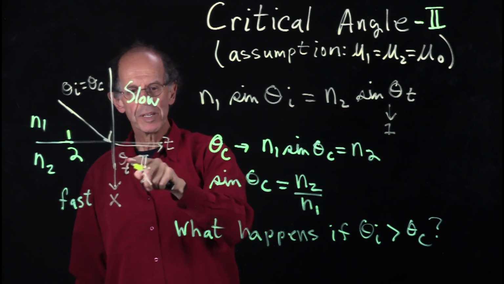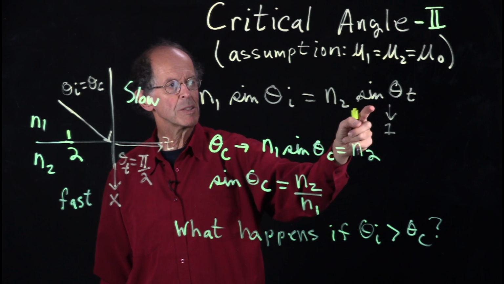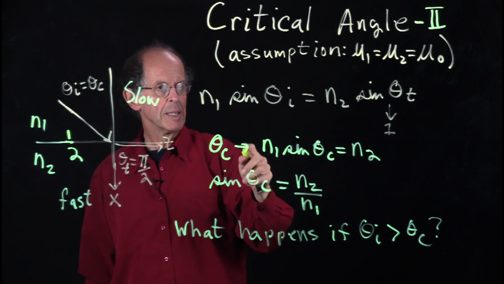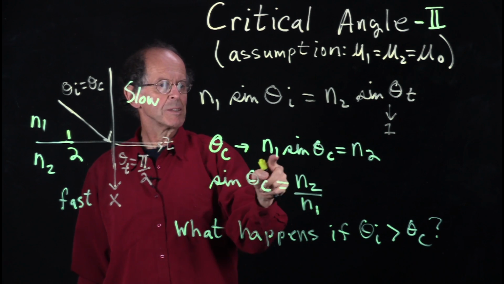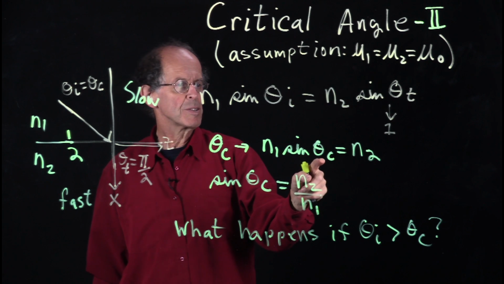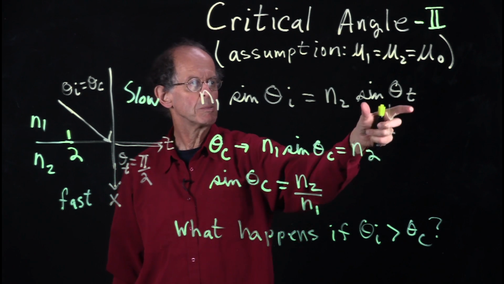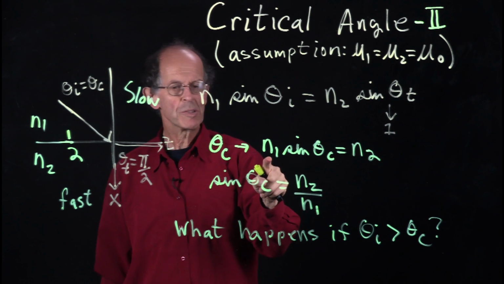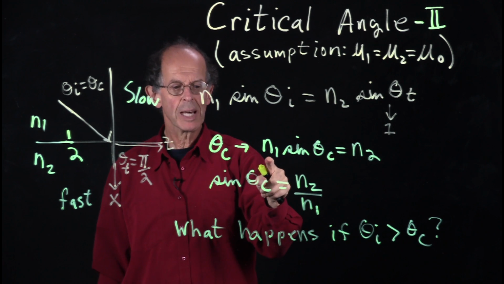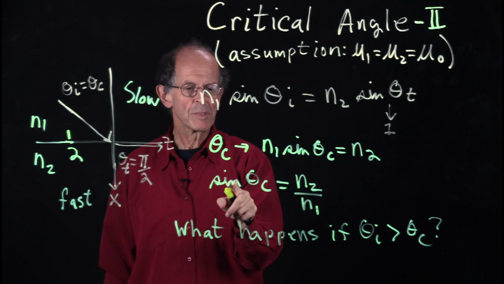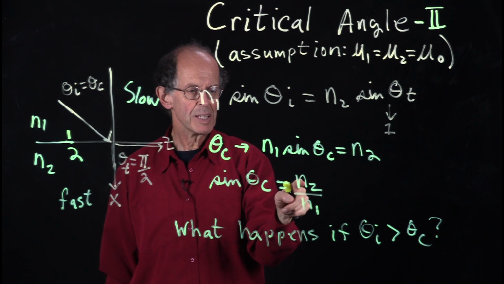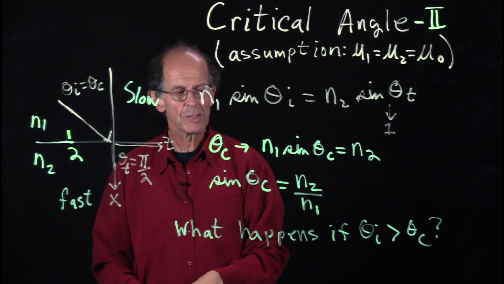So when theta t is 90 degrees, the sine is 1. What is the critical angle? Well, n1 sine theta c, which is the critical angle, is equal to n2 because that's unity. So a simple algebraic equation allows us to solve for sine of theta c, n2 over n1, and theta c.